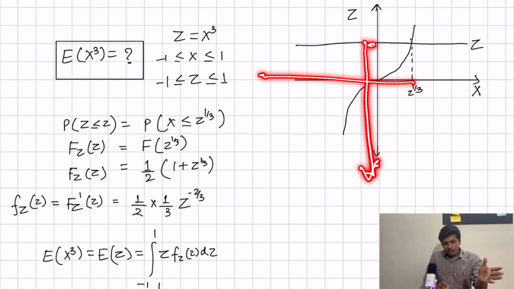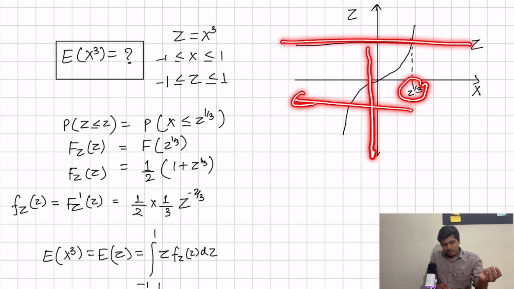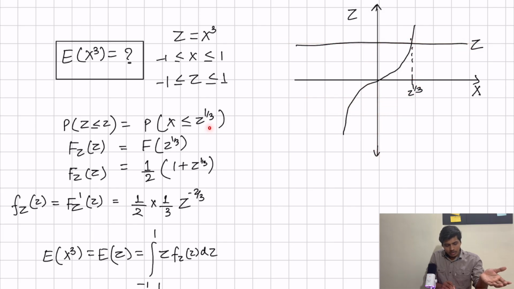In order to satisfy the condition of the probability of z less than z, whenever x is less than this value, z raised to 1 by 3, z will automatically be less than this value, right? And we already know that this is the CDF of x, which will be equal to 1 by 2 times 1 plus x.